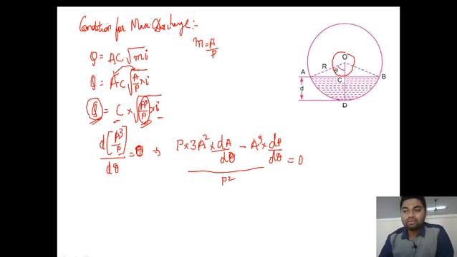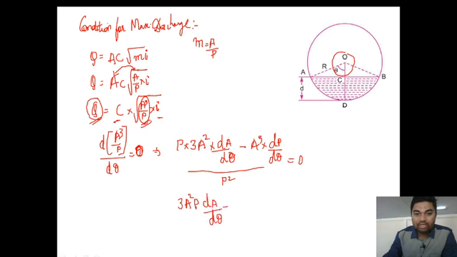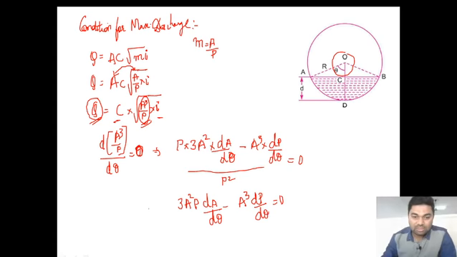This is the result of differentiation of A cube by P with respect to theta. So from here we get 3A square P dA by d theta minus A cube dP by d theta is equal to 0.